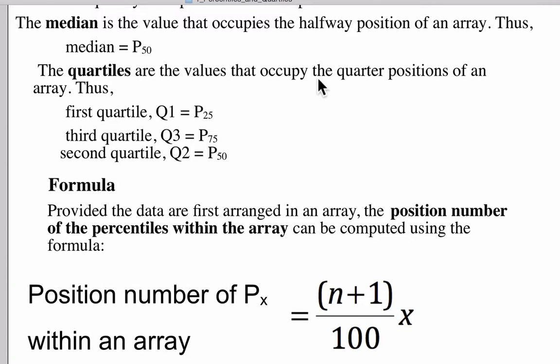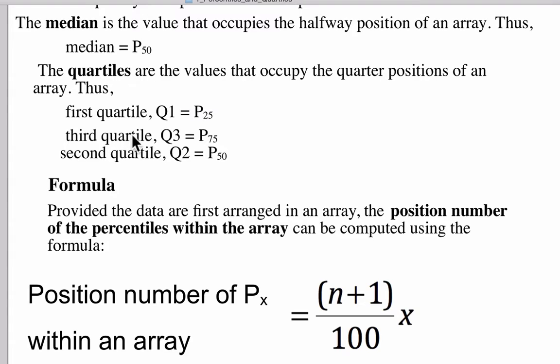Quartiles are the values that occupy the quarter positions in an array. For example, the first quartile, Q1, is the 25th percentile. That means that at the 25th percentile, 25% of the values are below that value, and 75% of the values would be above that value.